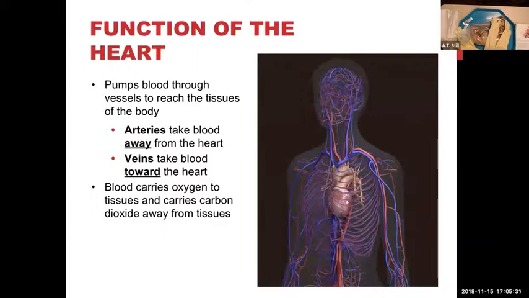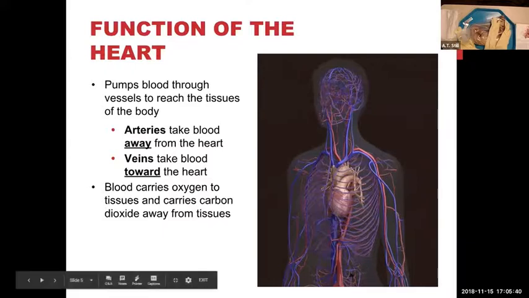So the heart pumps out the oxygenated blood to the tissues through the arteries. So the arteries take blood away from the heart, and then after the blood has gone through the tissues and the oxygen has been transferred from the blood to the tissues, it comes back to the heart through the veins.